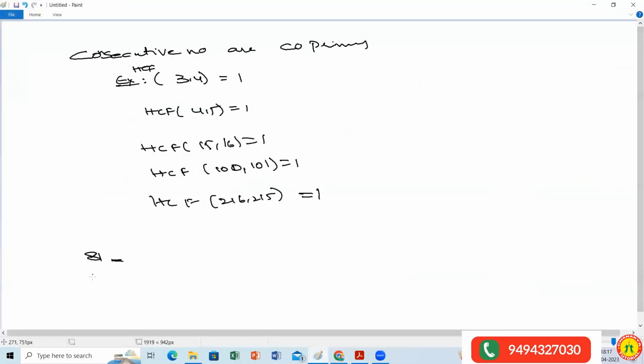Ma'am, 81 comes in the 3 table and 16 comes in the 8 table. Okay, that's okay. My question is, are these two numbers co-primes or not? Ma'am, they are not. Why?